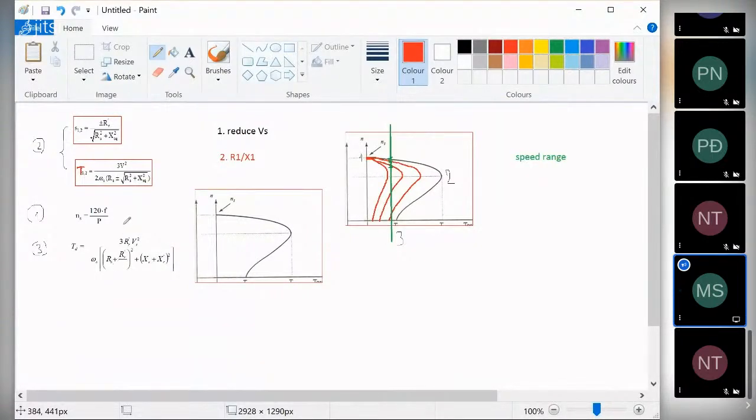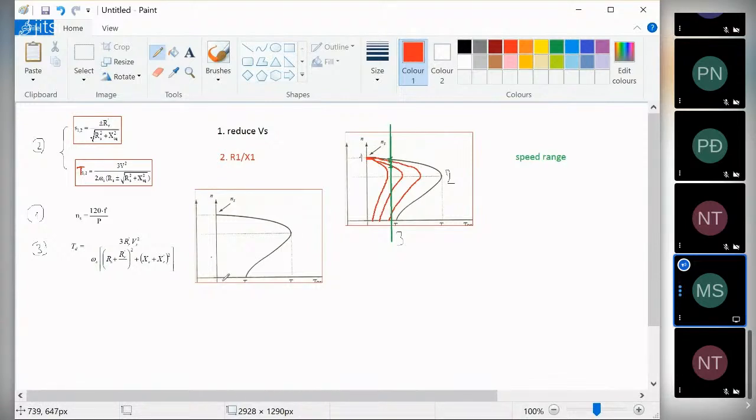Next, maximum torque. Reduce, very good. How about maximum slip? Reduce. And remember that if the maximum slip is reduced, the top will move up or move down.